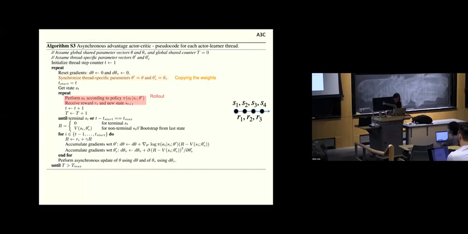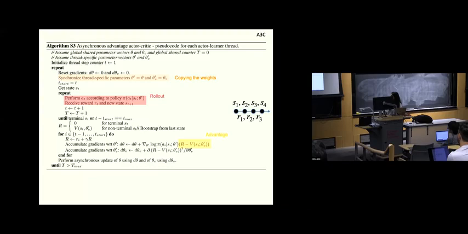So here you copy the weights, here you're computing the rollouts, and here are precisely the advantages, R minus V, okay? So if your action I is on state SI, you better subtract the V of the same state SI. Is that clear? Now the question is, what is R?